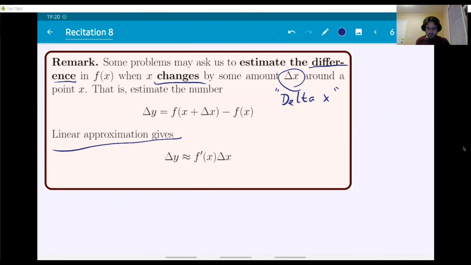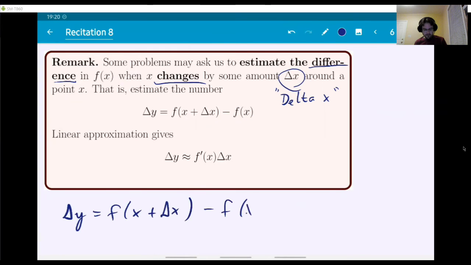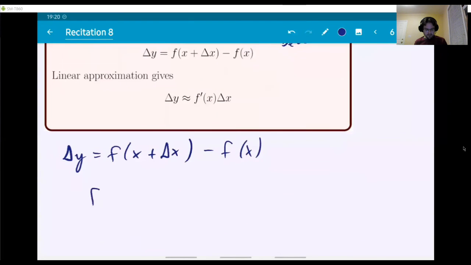How do we know that? Very quickly. So here is the number, delta y, that we're trying to estimate. Delta y equals f of x plus a small number minus f of the original x. According to linear approximation, f of x plus a very small number, imagine that you're doing linear approximation around the number x.